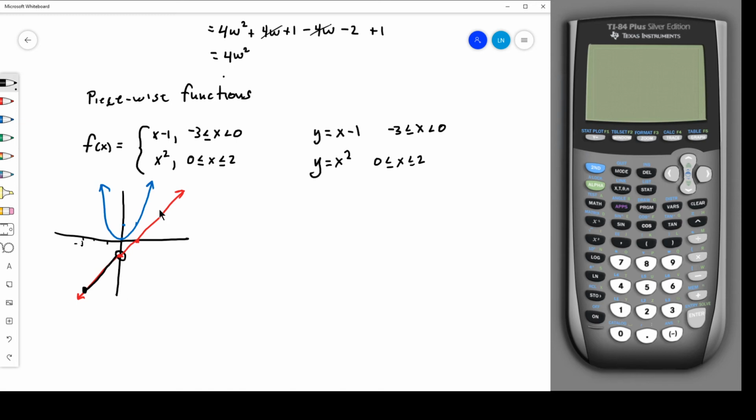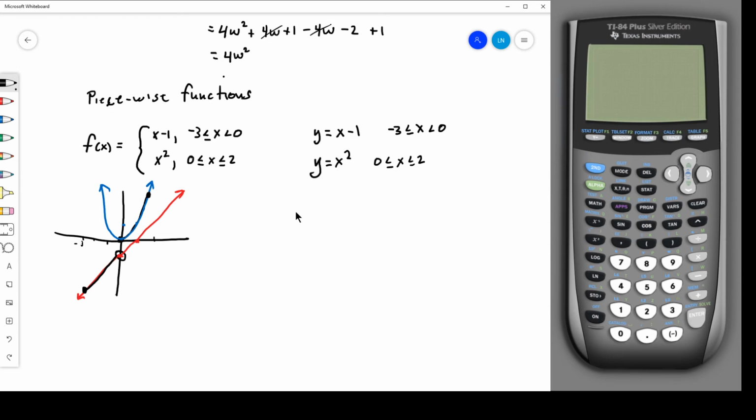All the rest of it, I don't need. For the parabola, I'm interested in 0 to 2. Here's 0, and this time we're including 0, and I'll explain why we're including it in one and not the other. And then at 2, we're going to be up here at 4. The part I'm including is again just the black part here.